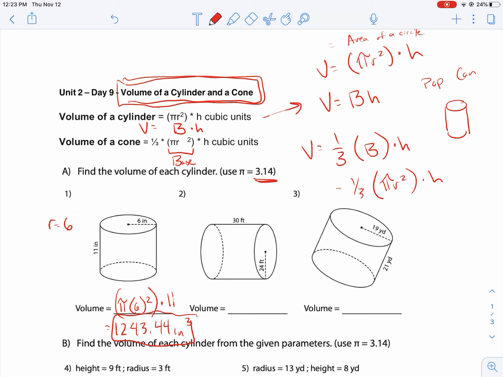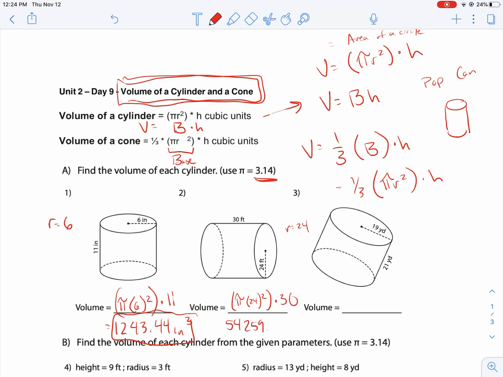This next one, our radius is 24. So we go pi times 24 squared times 30. 24 squared times 3.14 times 30, you get 54,259.2, and this is feet cubed.